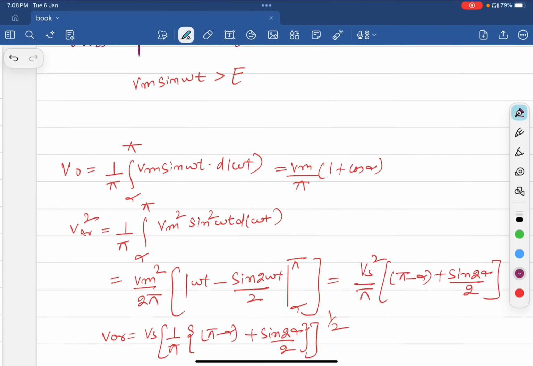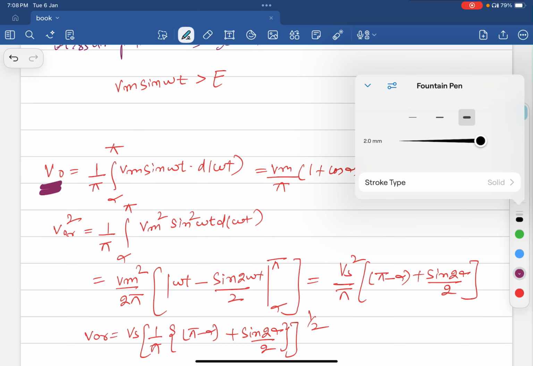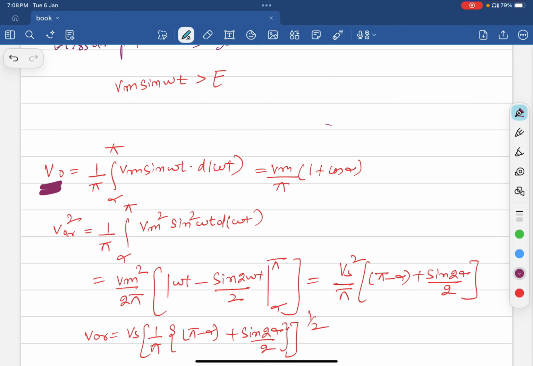Also you can calculate the output value. How do we calculate this output? We calculate it by area upon time period. So we know that it is 1 upon pi integrated from alpha to pi, since the thyristor was conducting from alpha to pi. This is the source voltage.